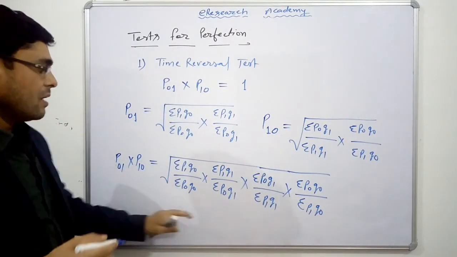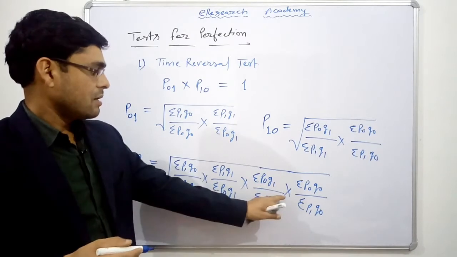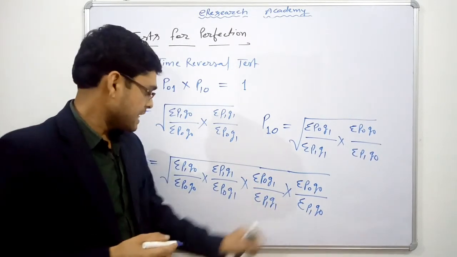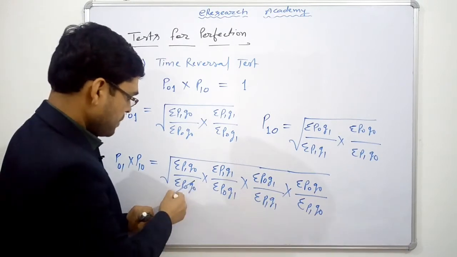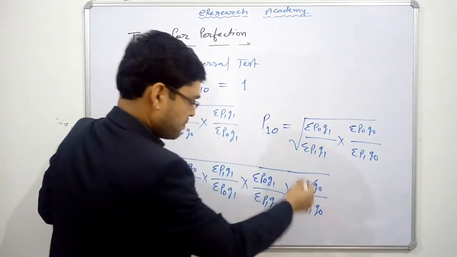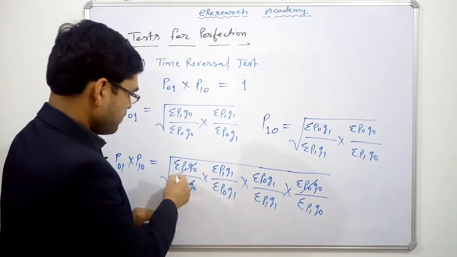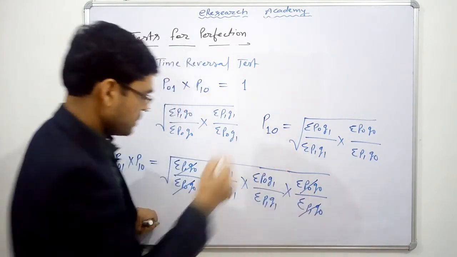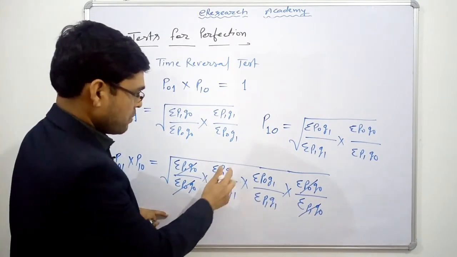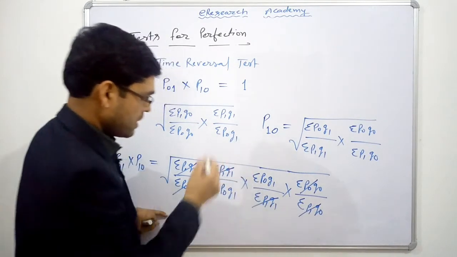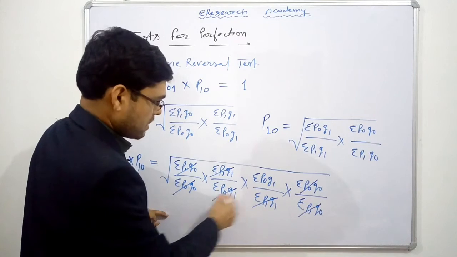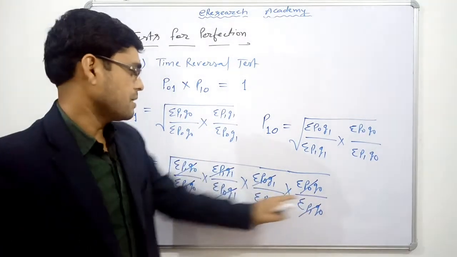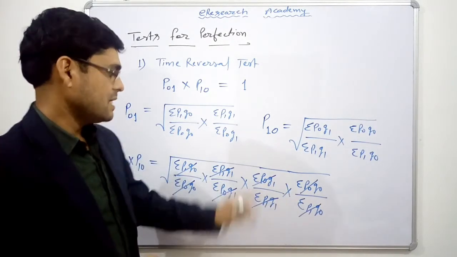Now these will all cancel out each other. Let's check: sigma P0 Q0, sigma P0 Q0, sigma P1 Q0, sigma P1 Q0, sigma P1 Q1, sigma P1 Q1, sigma P0 Q1, sigma P0 Q1. All these terms cancel out.